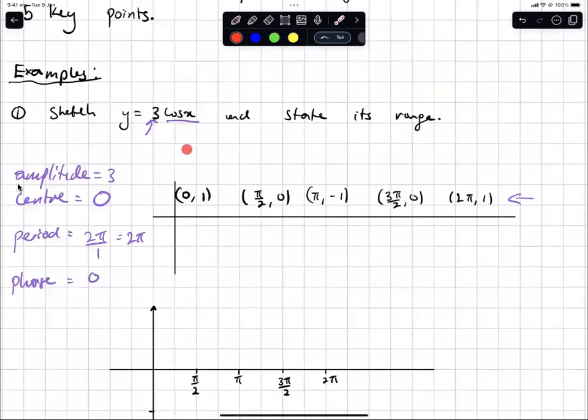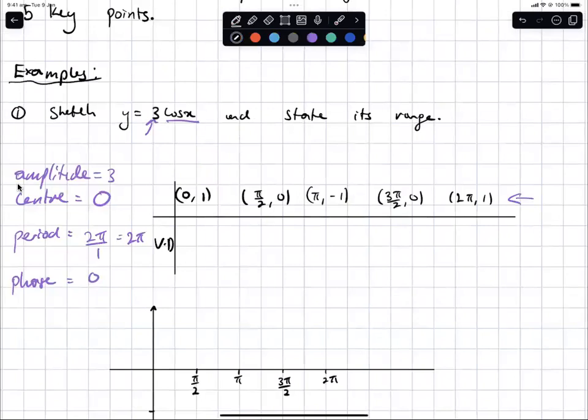What I'm going to do is transform each one of them based on what's happening over here. Given the fact that our amplitude is 3, that means our curve has undergone a vertical dilation, scale factor of 3. That only affects our y-axis.